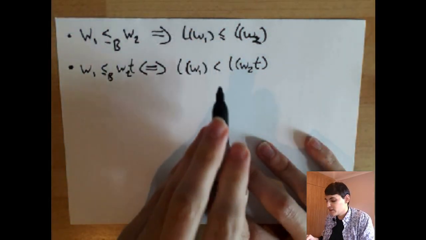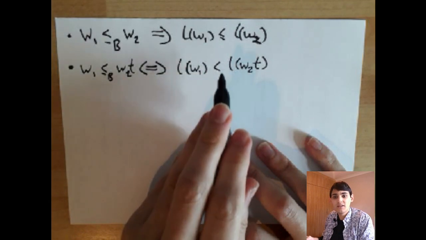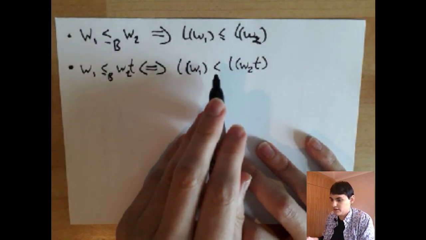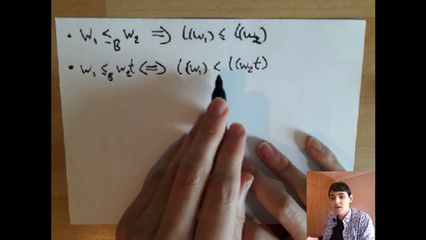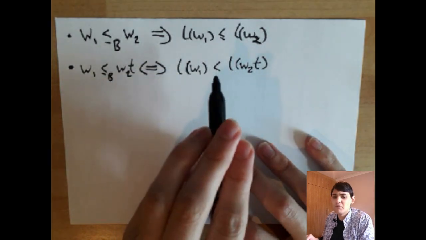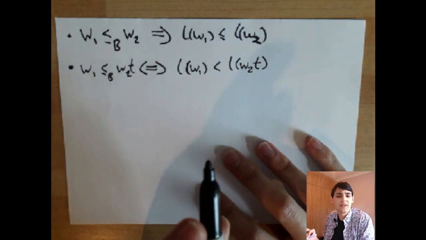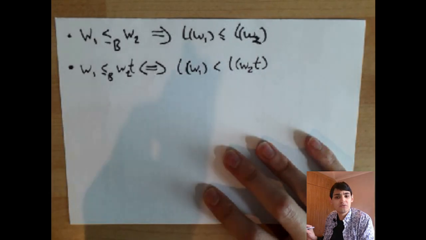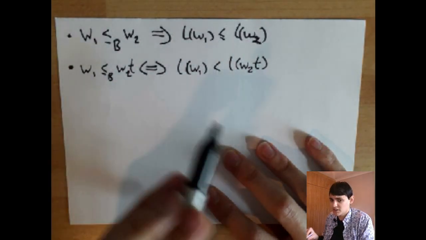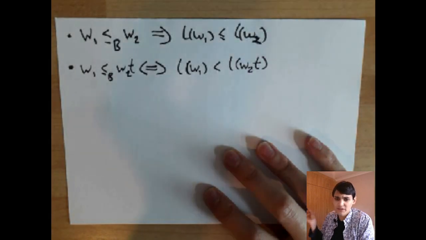I believe it does have to be a strictly less than symbol here, because you could have some reflections where the length isn't affected.